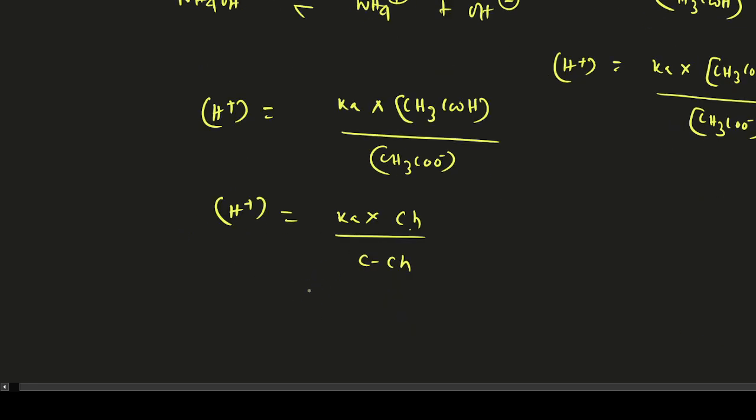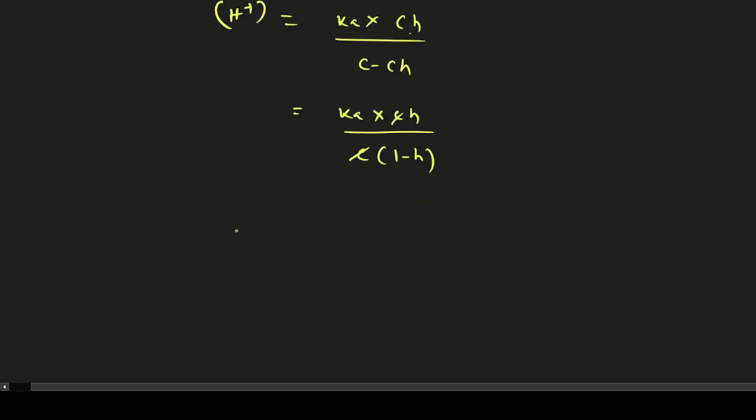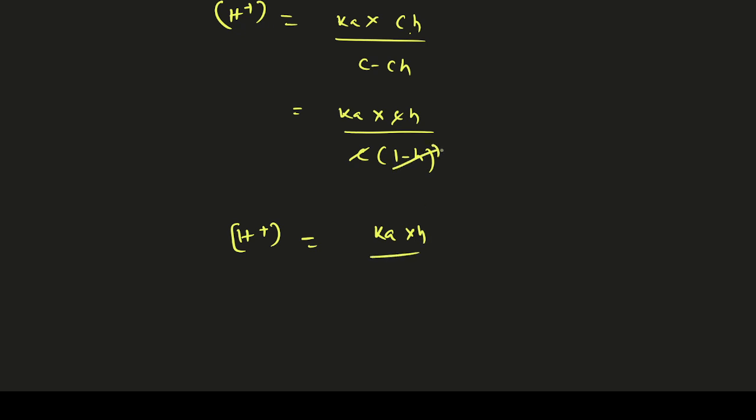So this is equal to Ka into Ch over C(1 minus h), so C cancels. So H plus concentration is equal to Ka into h, since 1 minus h is nearly equal to 1.